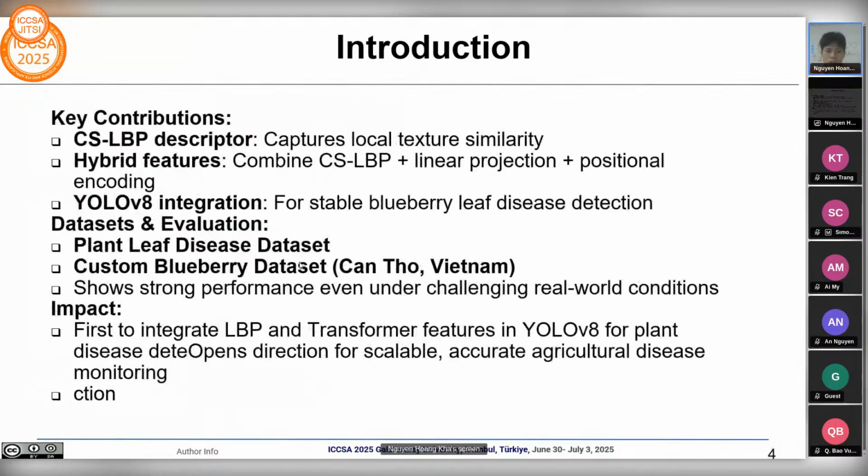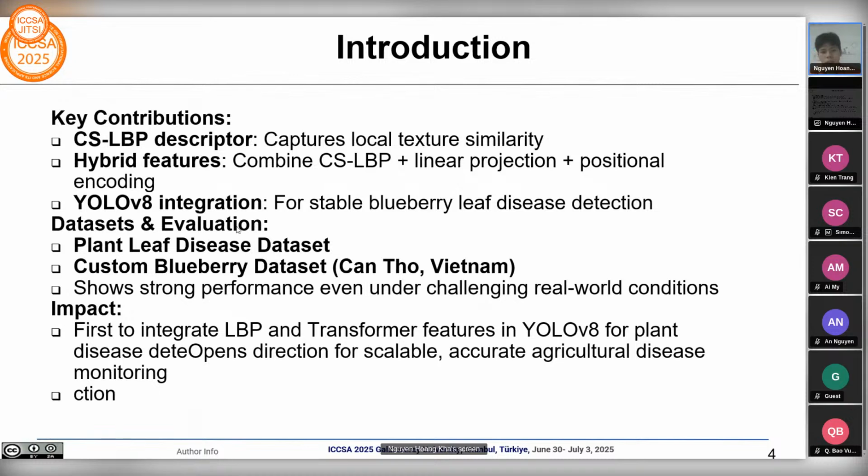The key contributions are the LBP descriptor that captures local texture similarity, and a hybrid feature that combines CS-LBP with linear projection and positional encoding. Then YOLOv8 iteration for stable blueberry leaf disease detection.